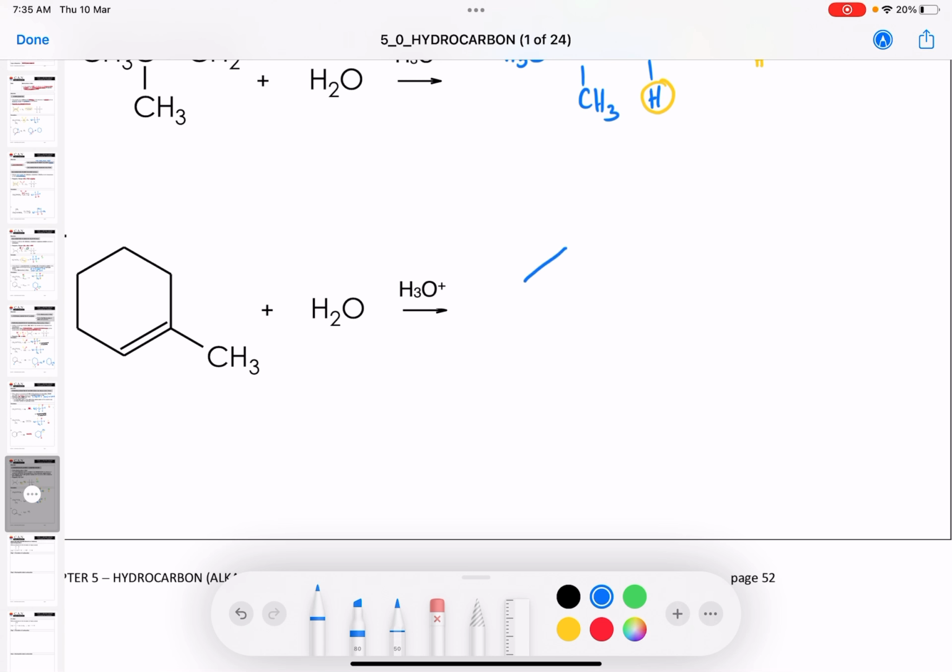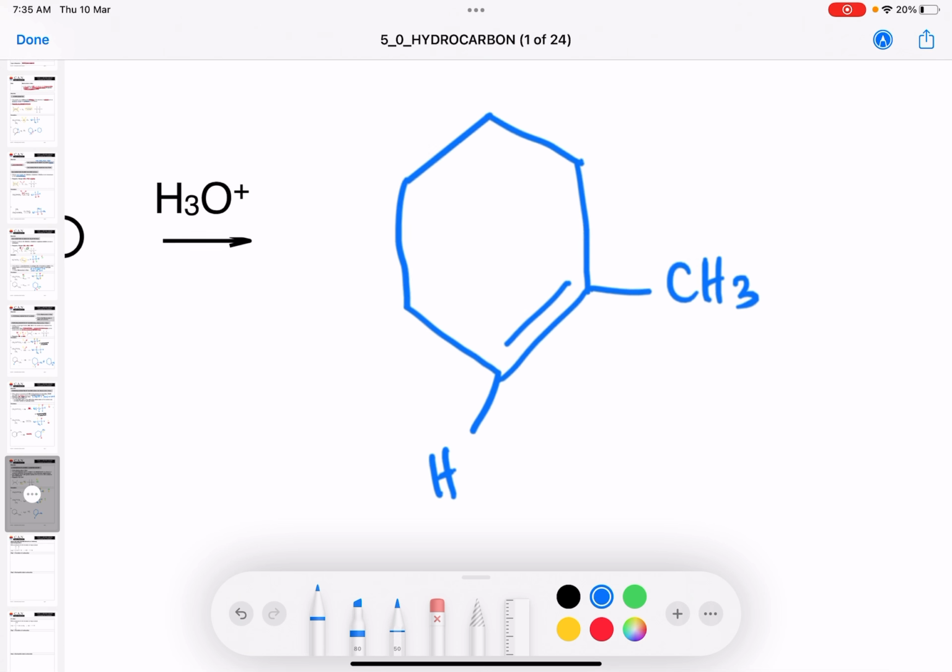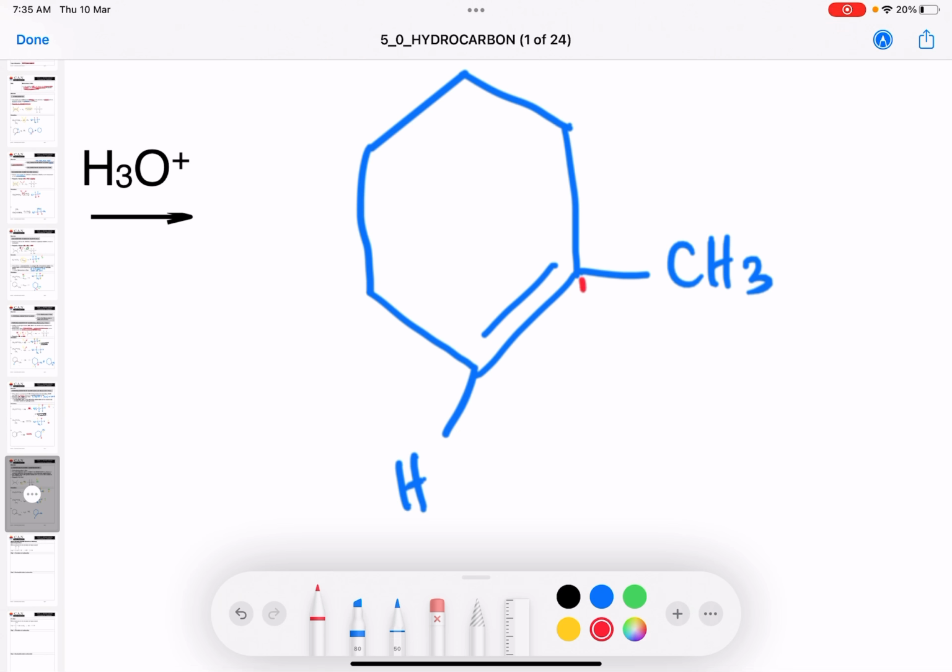So for number 3, we have here CH3, and of course we have H. This is carbon number 1, and this is carbon number 2. We have OH, and we also have H. So H will go to carbon number 2, whereas OH will go to here.